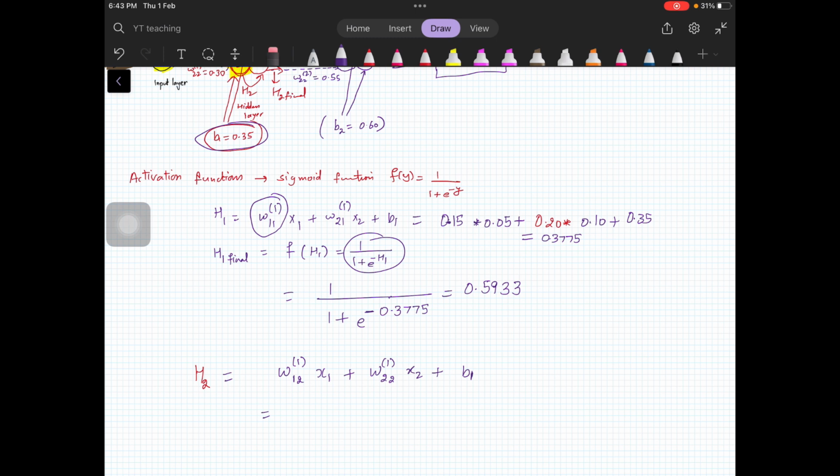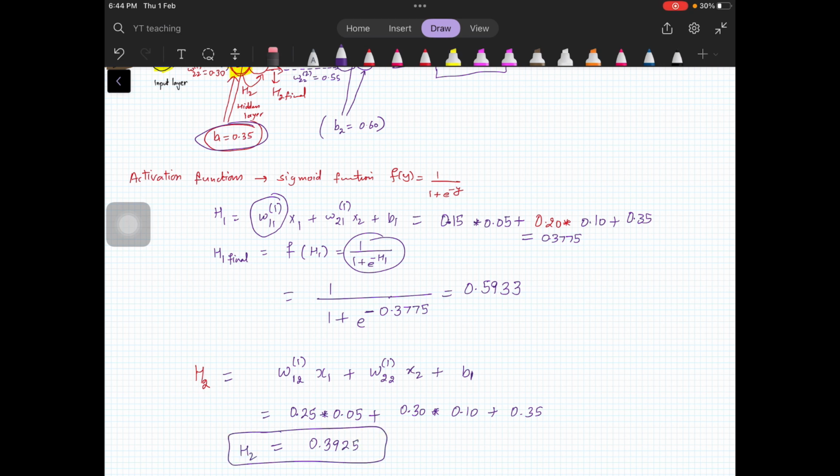Now note all the numbers. You have this weight as 0.25 and the value of x1 is 0.05, and then you have your second weight, which is 0.30, and the value of x2, which is 0.10, plus 0.35. So you get your h2 as 0.3925.